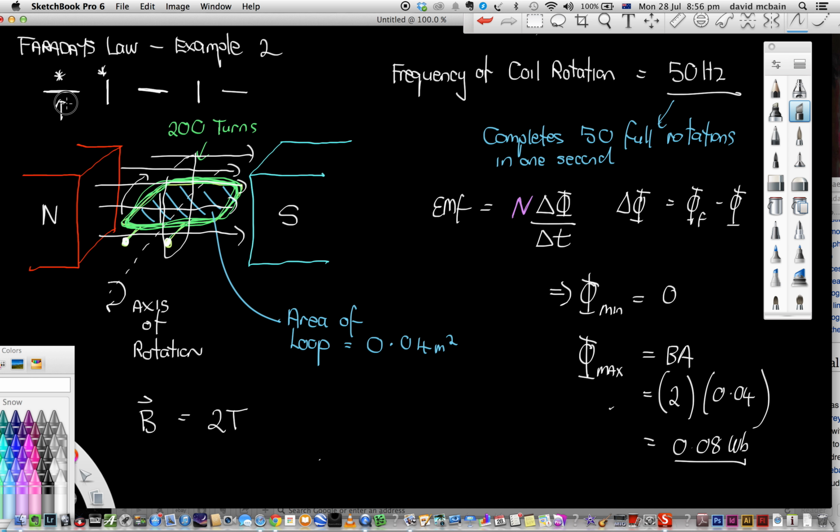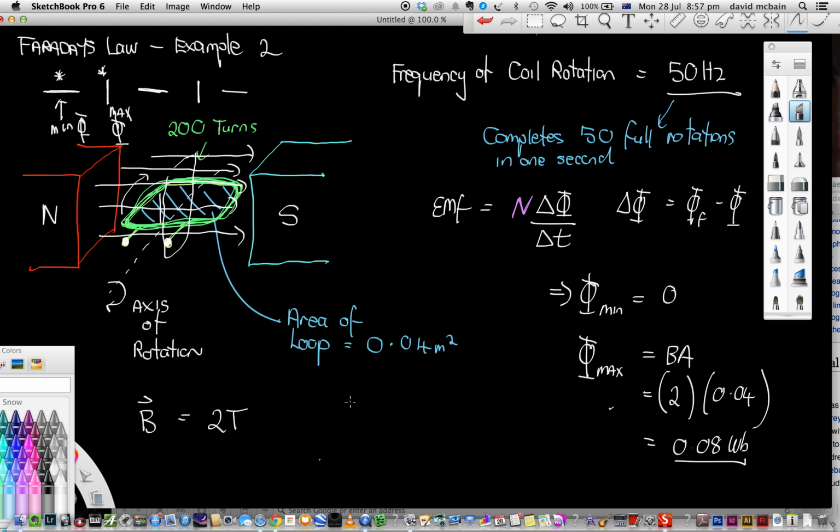So that's when the minimum flux will occur, and this will be the maximum flux. So the change in flux will be 0.08 Webers.